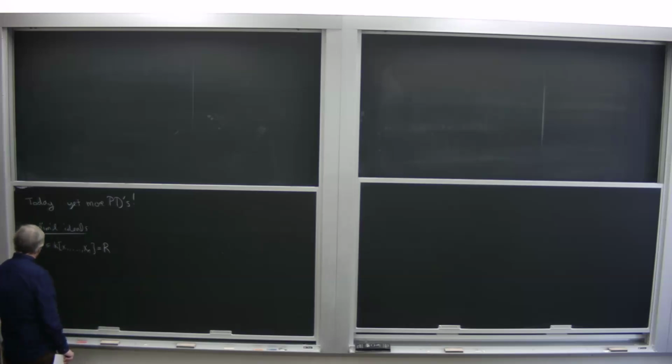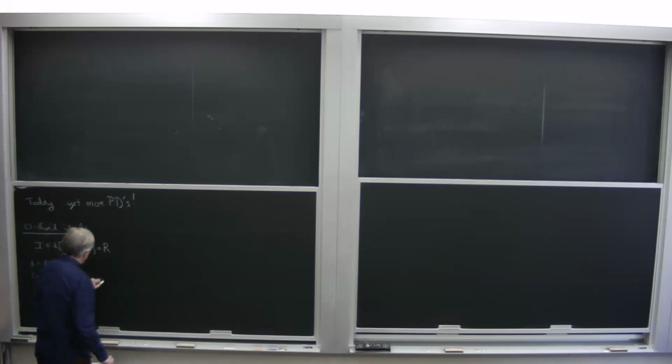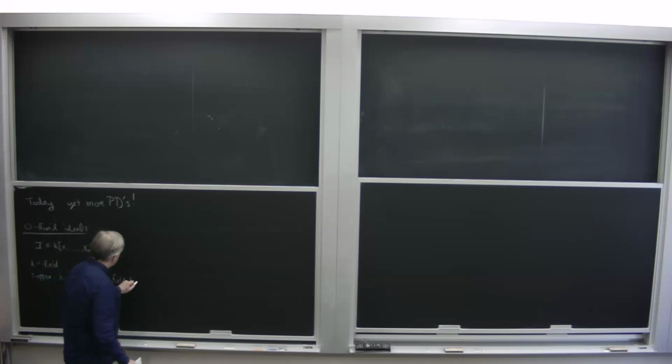So our situation here is K is equal to a field. For the moment, it can be any field. We're going to have to make some extensions. And suppose that we have K contained in L as an extension field, e.g., the algebraic closure.